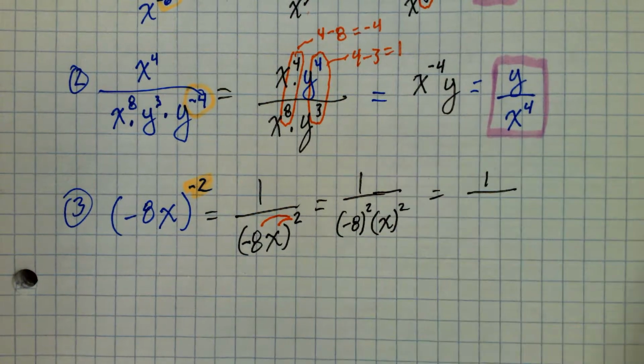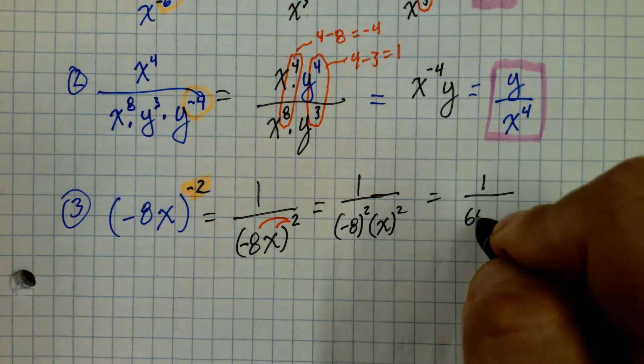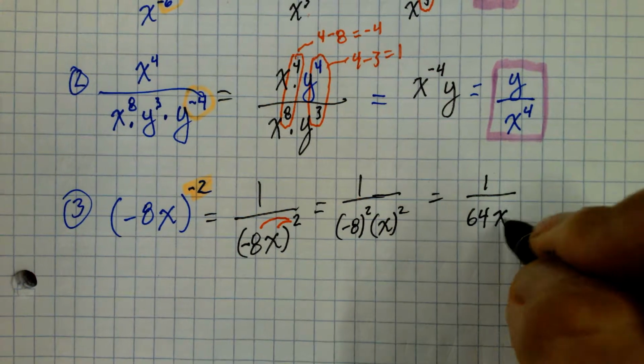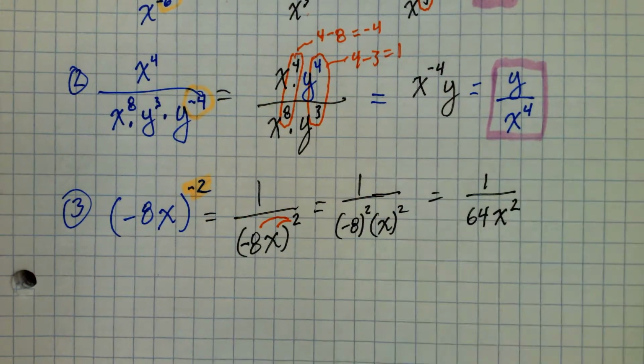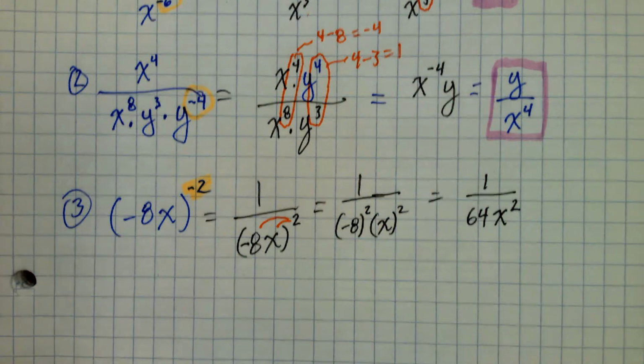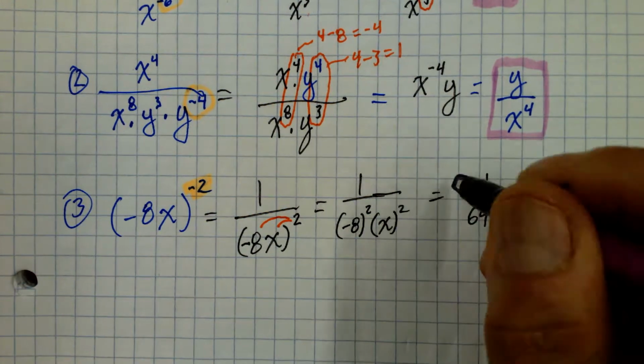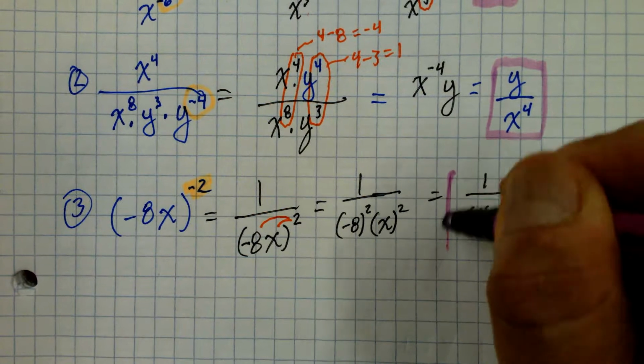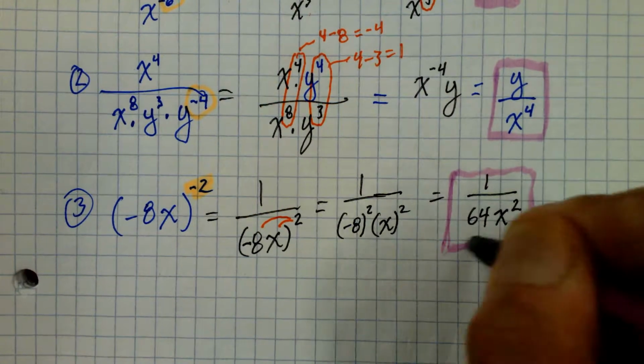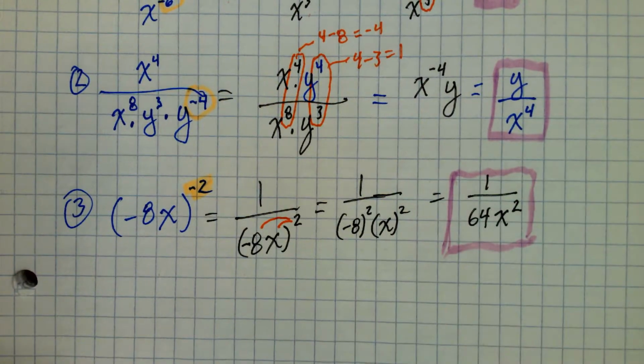So 1 over 64 x to the second. 1 over 64x to the second power. Okay. Last one.